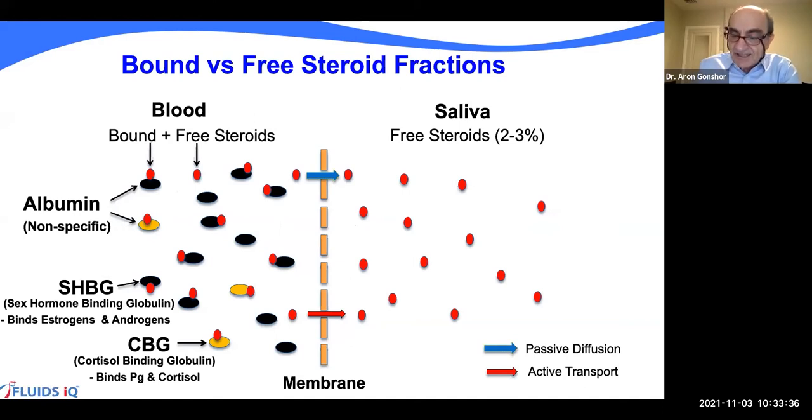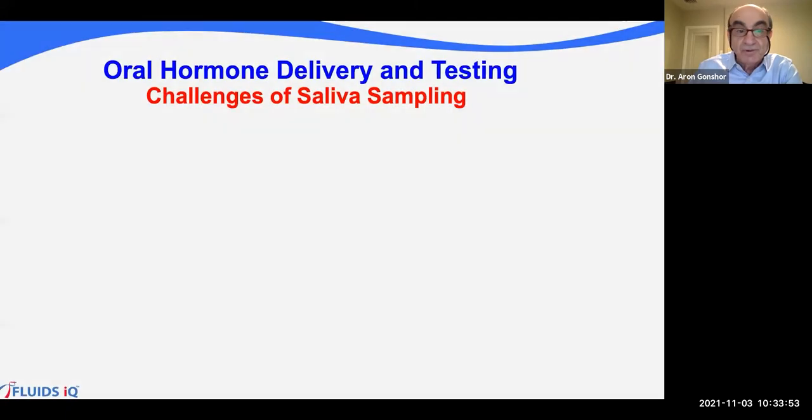So either by passive diffusion or active transport, the only thing that gets through are the free steroids, meaning the steroids which the body has available to it to actually utilize. And that only represents about 2 or 3%.